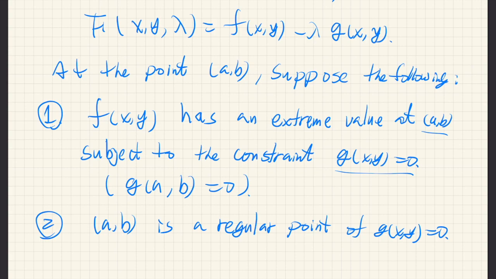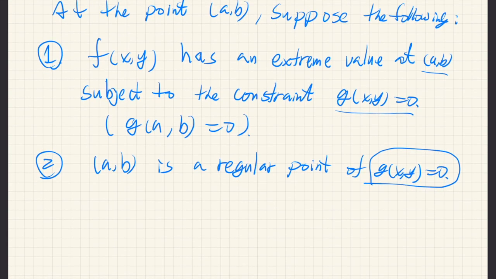Recall that this equation defines a curve in two-dimensional space. A regular point of a two-dimensional curve means that one of the partial derivatives is non-zero.